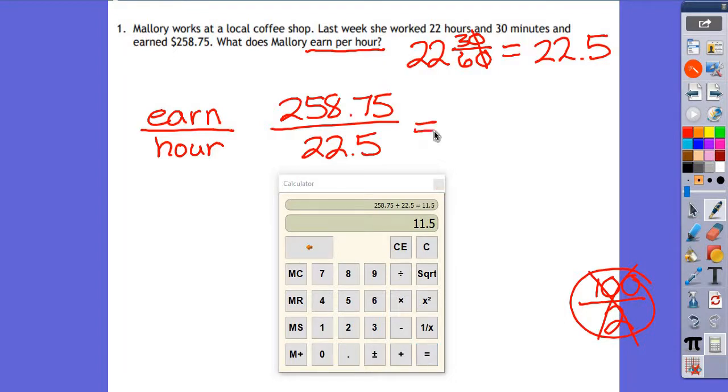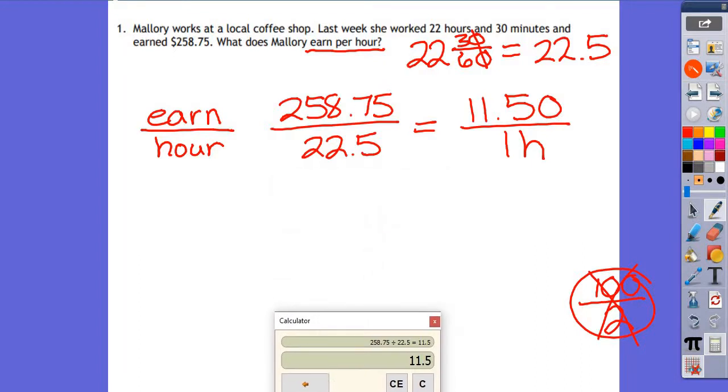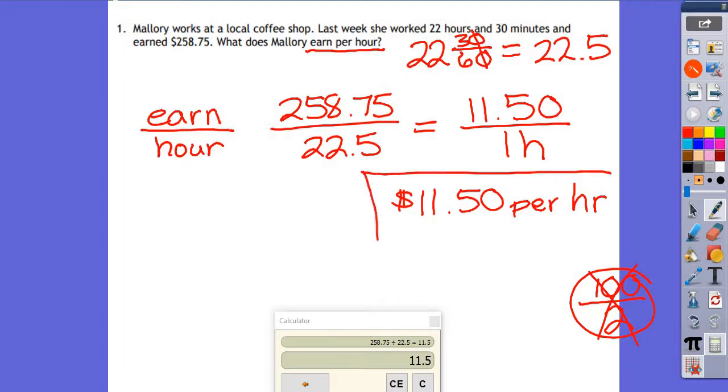And I get 11. How much money is this? $11.50 per 1 hour now. So to write this as a final answer, $11.50 per hour for number 1.